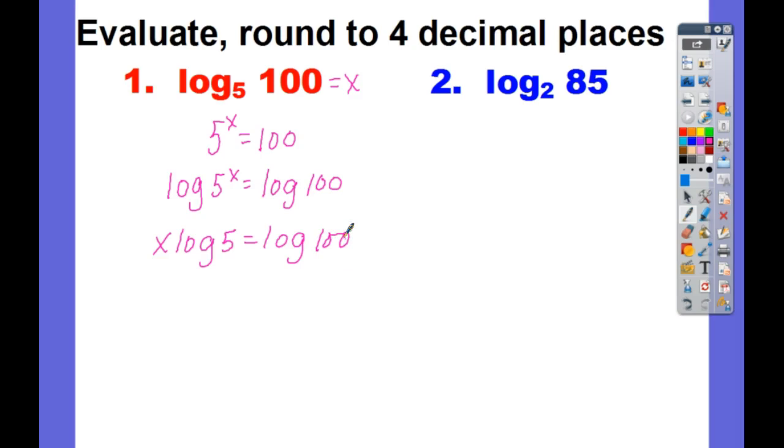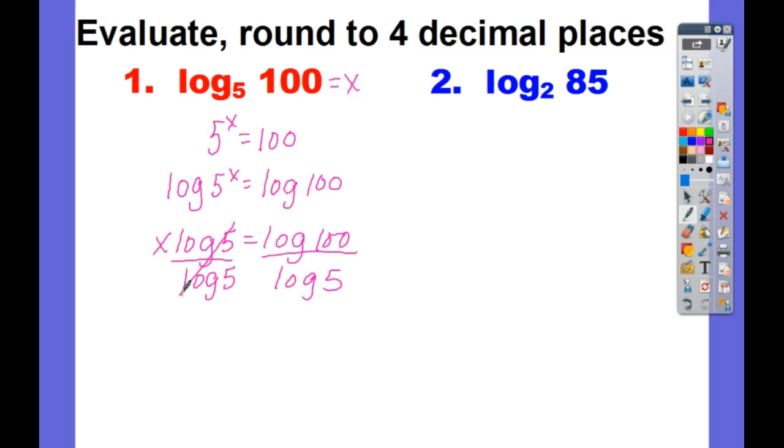So can I solve for x now? If I divide by log of 5? So then this is exactly what we did on Friday, right? We took one log divided by the other. So if you do this, you actually have to type log of 100.